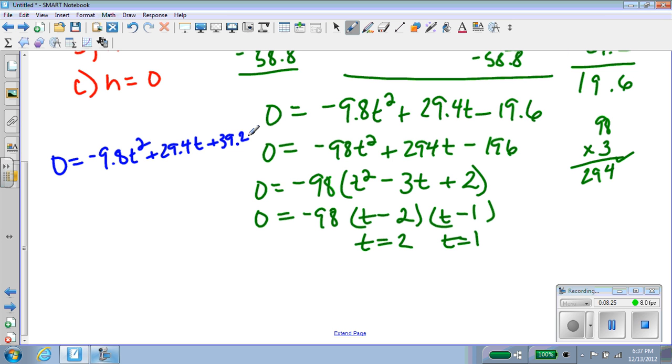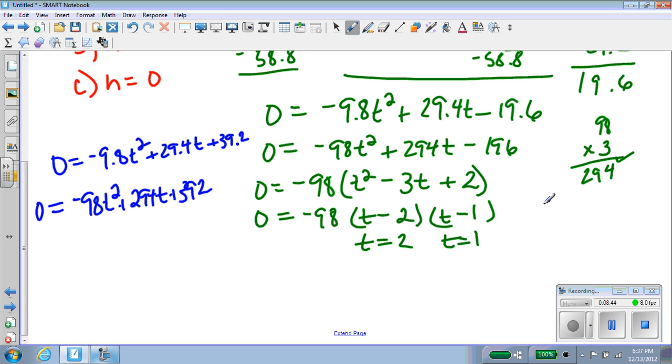Now I have to solve this. Again, I'm going to get rid of the decimals by multiplying all the way across by 10. So 0 equals negative 98 t squared plus 294t plus 392.